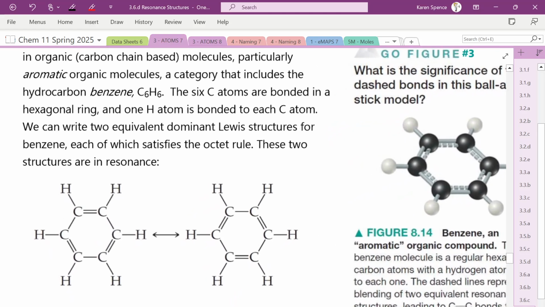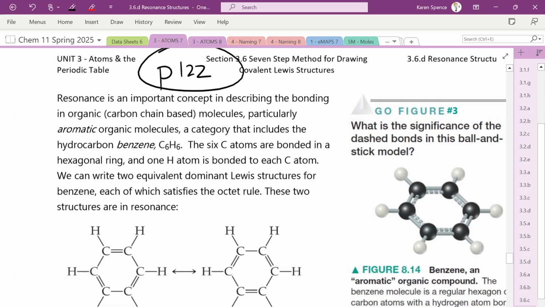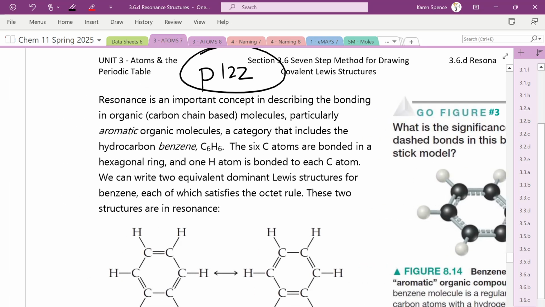Benzene is a 6-carbon ring. Have you guys heard of benzene? Does that sound familiar? Okay. It has 6 carbons and they're in a ring.